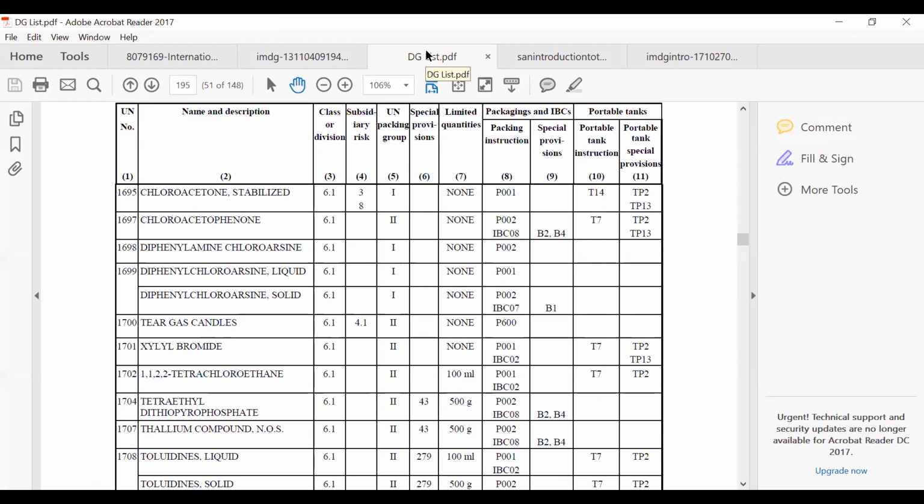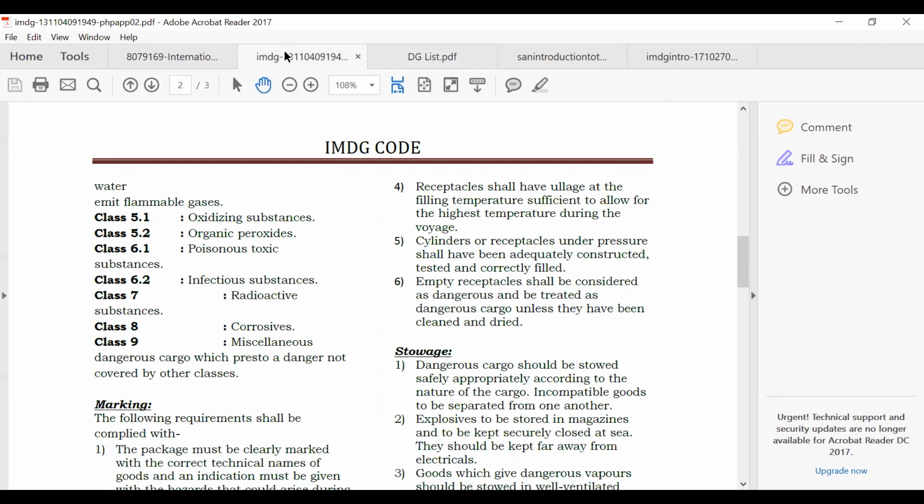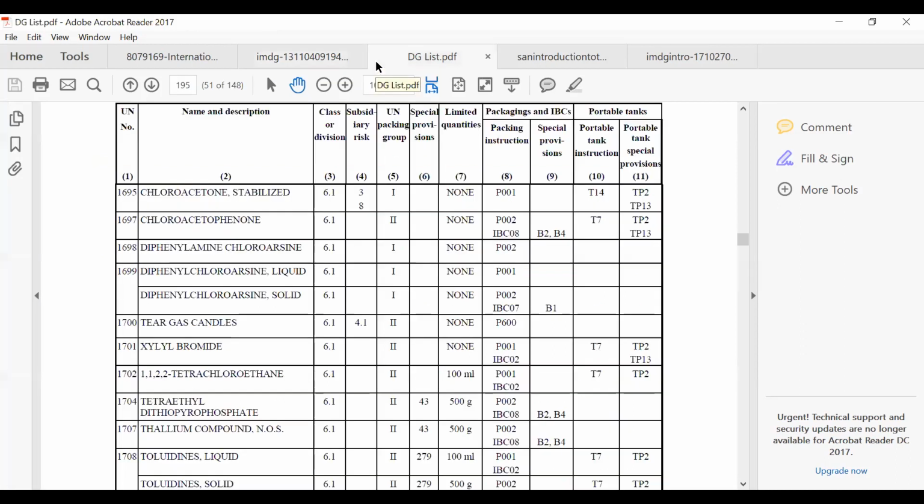But why do we have one class permanently on a separate side, and the remaining classes 3 and 8 called subsidiary? It's because they present more of the class 6.1 poisonous toxic substances, but they also present class 3 and class 8.